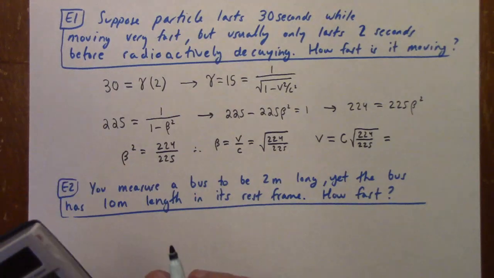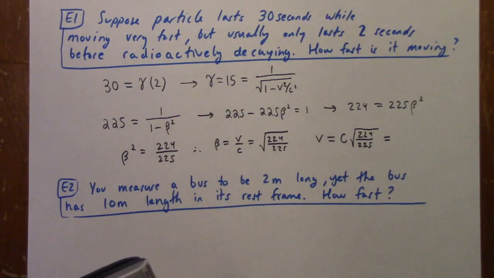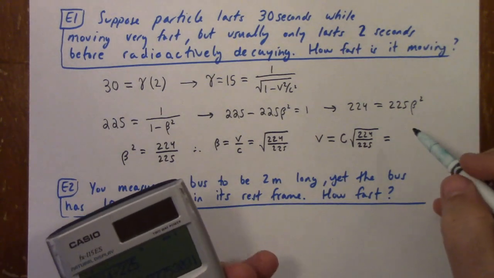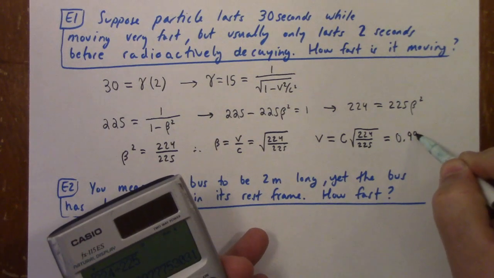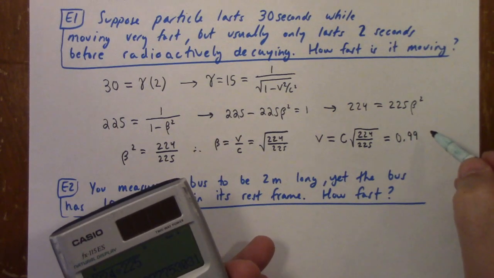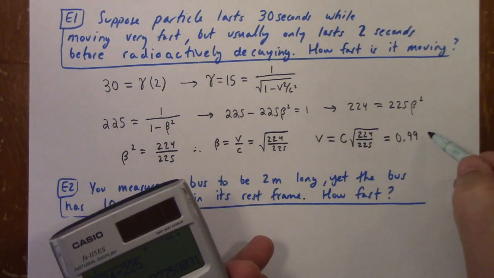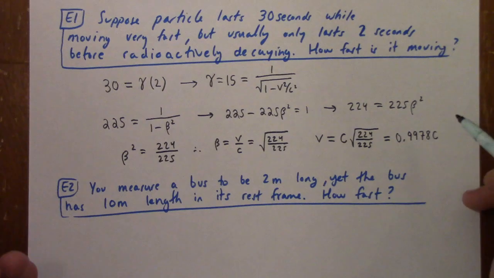Of course we could simplify the denominator to 15, but this is physics, so we'd like a number. Let me find it for you. Square root of 224 divided by 225. I get 0.9978 c. Is that right?